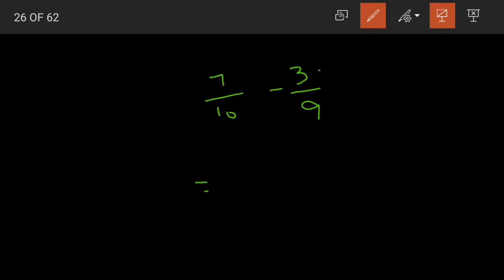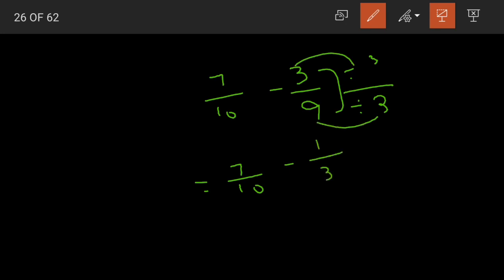We need to find out the difference. Now here 3 by 9 can be reduced to the simplest form by dividing by 3: 3 divided by 3 is 1, 9 divided by 3 is 3. Now we have two fractions, 7 by 10 and 1 by 3, where the denominators are 10 and 3. They are unlike fractions.